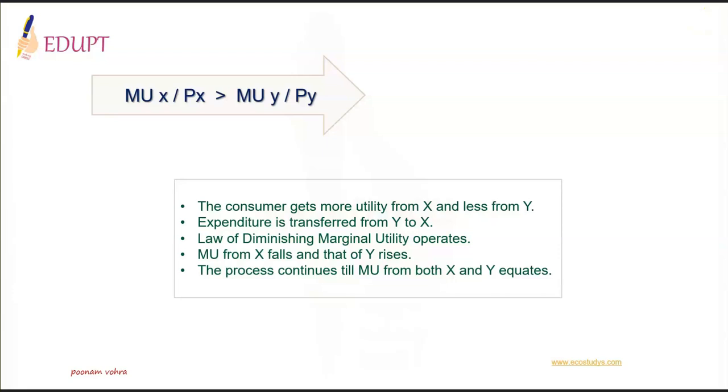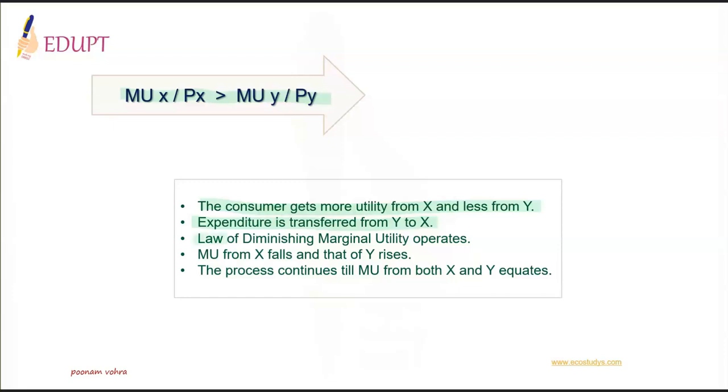Now suppose the ratio of marginal utility to price of X is greater than the ratio of marginal utility to price of Y. It means that the consumer gets more utility from the last rupee spent on X as compared to Y. This induces the consumer to transfer expenditure from Y to X. The consumption of X rises while that of Y falls.